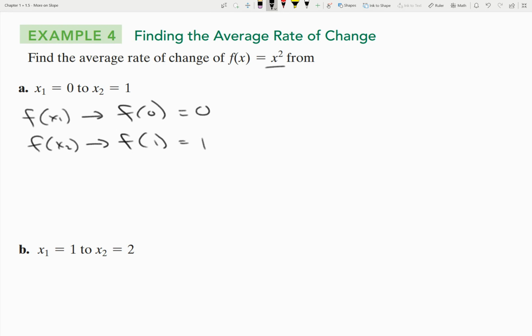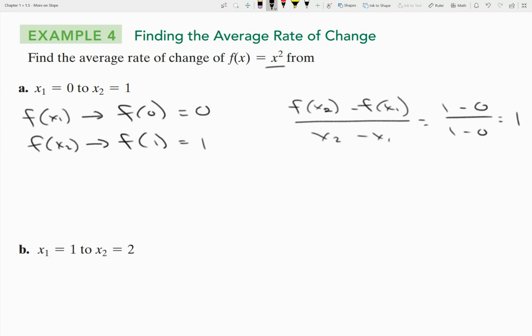Now my formula is f of x2 minus f of x1 over x2 minus x1, which is going to be 1 minus 0 over 1 minus 0, which is 1.